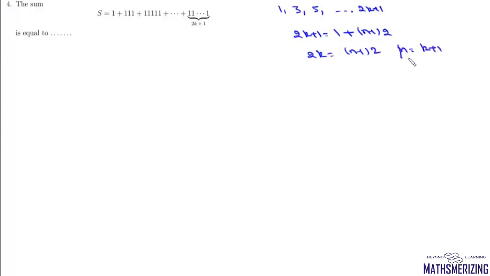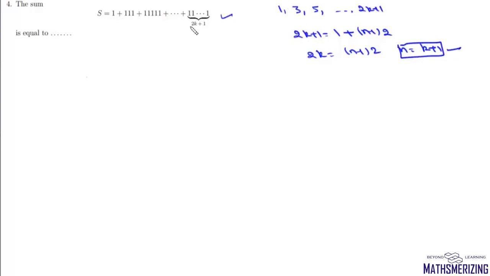So if we look at the number of ones in the series, for the first term it is 1, for the second it is 3, for the third it is 5, and then for the nth term it is 2k plus 1. So we can write 2k plus 1 equals A plus n minus 1 into D, and D here is 2. So it will be 2k equals n minus 1 into 2. So the value of n is k plus 1. So in this series there are k plus 1 terms.